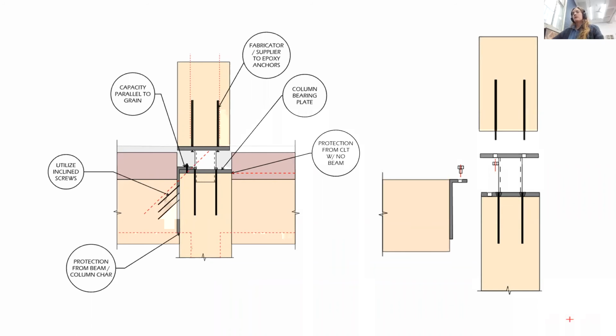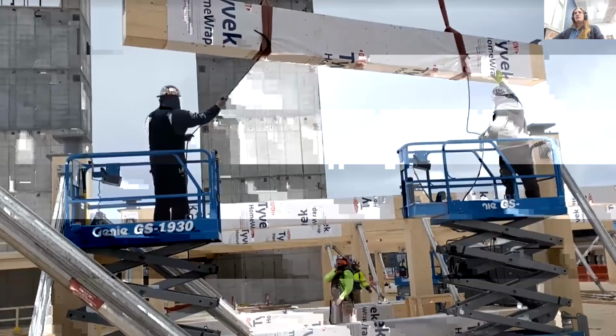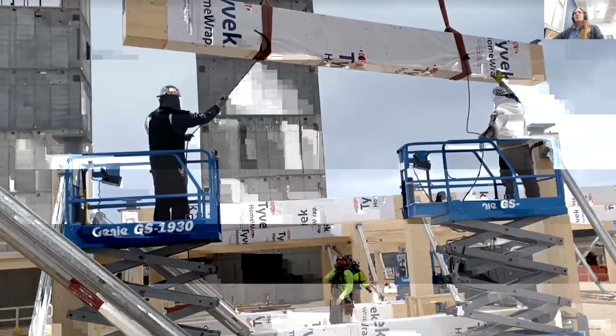So here the beams hang from the top of the columns with a special steel hanger, which clips onto a ledge on the column. Here you can see an image of one of those being dropped into place on site. But this is where we're trying to take these at end of life and send less timber to the landfill so that we can rely on more biogenic carbon when we're looking at building design.